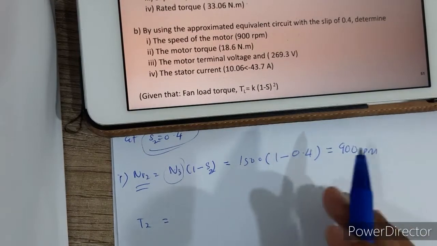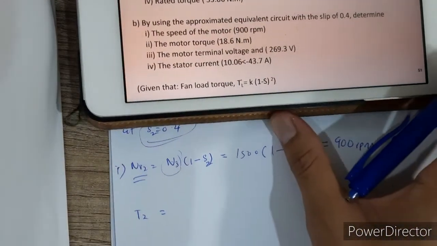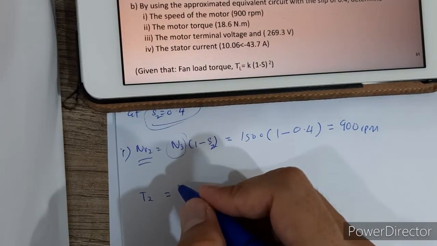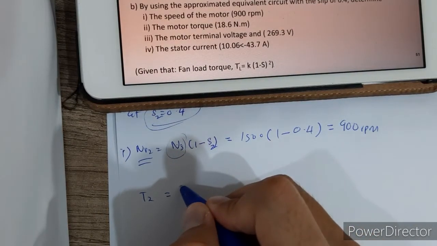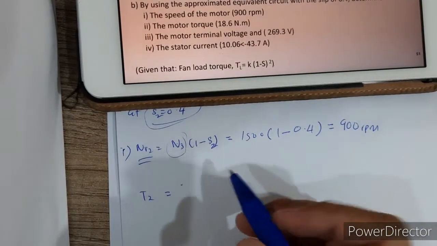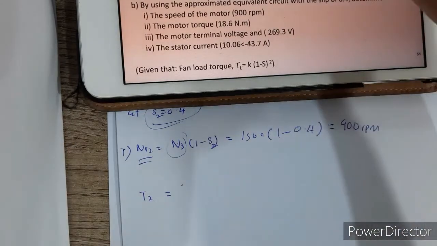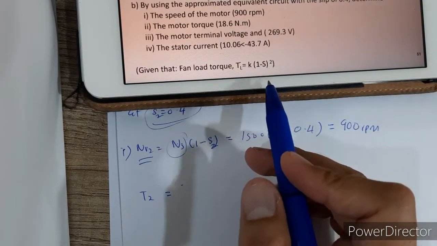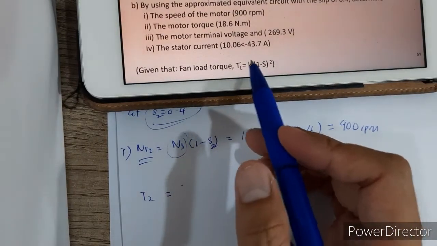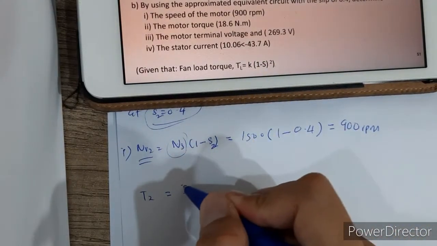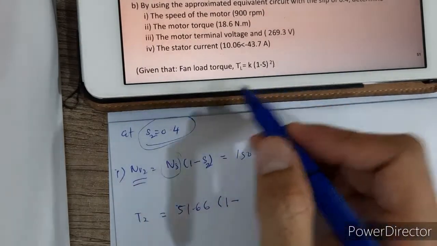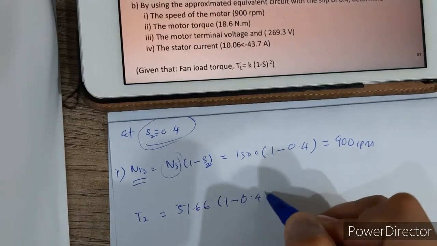Next one, the motor torque. We can determine the motor torque, T2, by using the equation TL equals K times 1 minus S squared, because we already have the value of K. So K is 51.66, multiplied by 1 minus S2, where S2 is 0.4, squared.